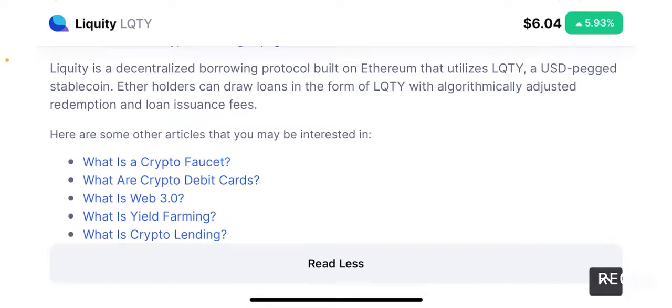Ether holders can draw loans in the form of LQTY with algorithmically adjusted redemption and loan issuance fees. So if you hold ETH, you can basically draw loans in the form of Liquity.